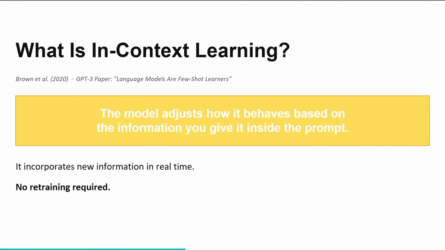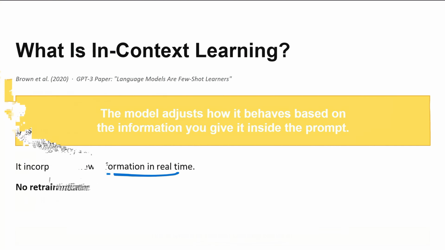In simple terms, in-context learning means the model adjusts how it behaves based on the information you give it inside your prompt. It allows the model to incorporate new information in real time rather than just relying on the information it was previously trained on, so that it can make better decisions without needing retraining.